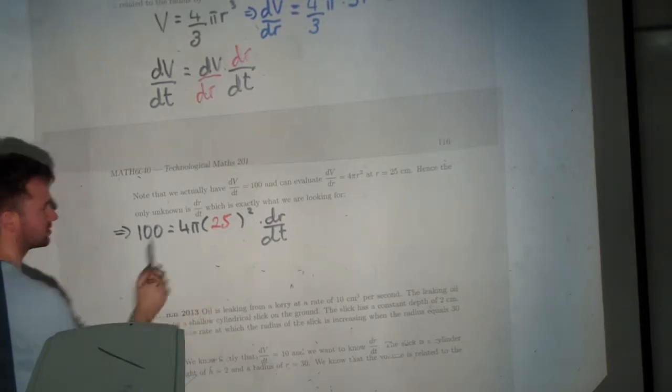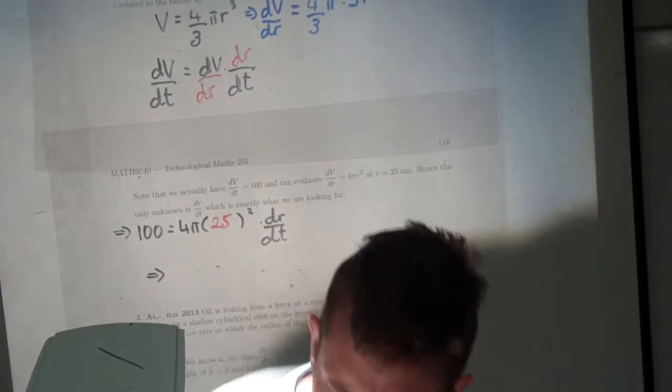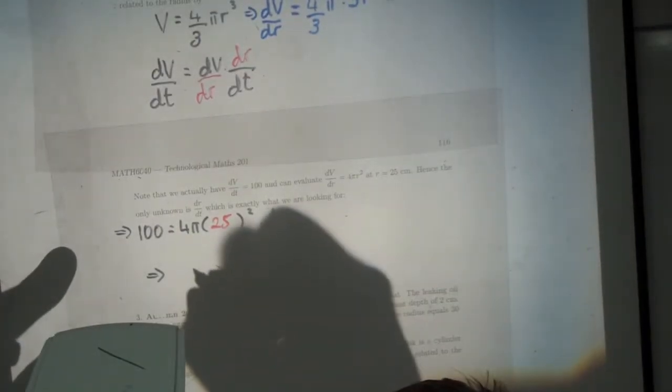So, how do I get rid of that number? Divide both sides. And again, I'll go with the decimal places. dr/dt equals, divide both sides.